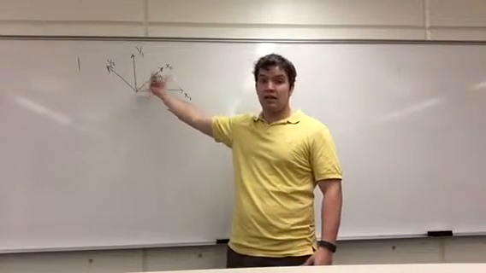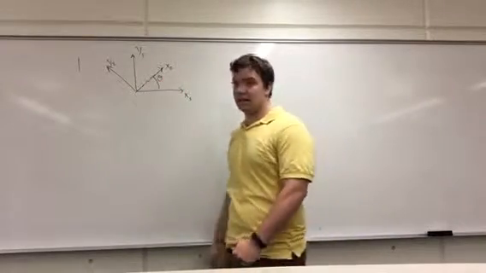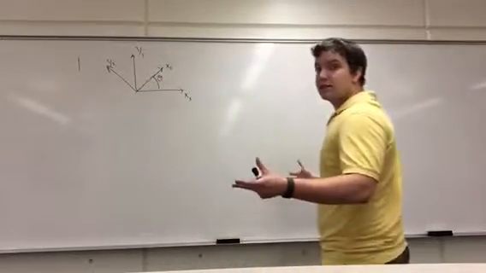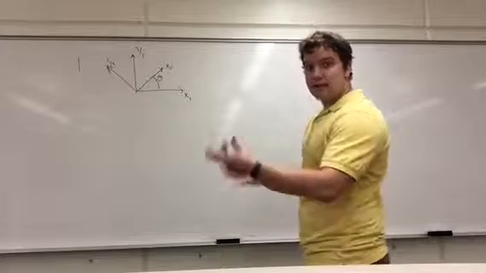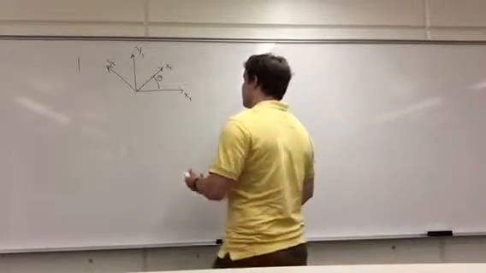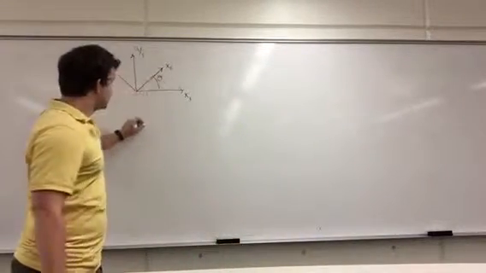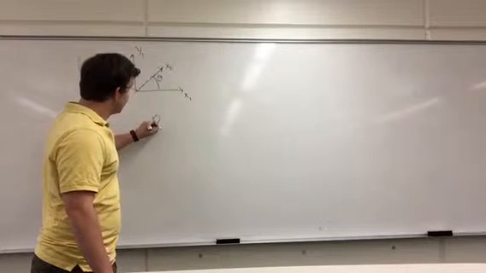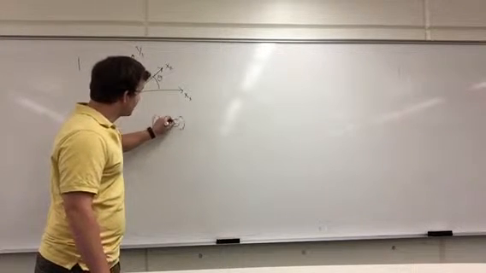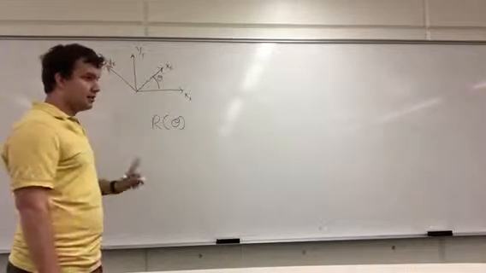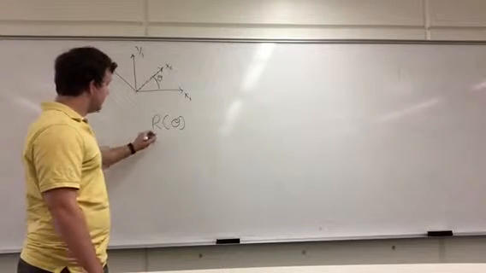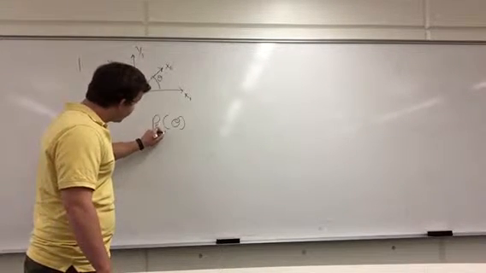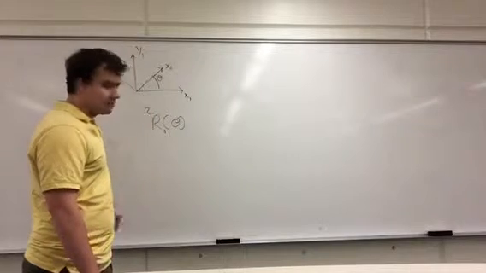I can translate them into this new state. To do this with any vector or axes, you apply what's known as a rotational matrix. So just as this was a rotation of theta, I put down here R of theta. And Dr. Hollerbach's notation is I'm going from the first to the second.